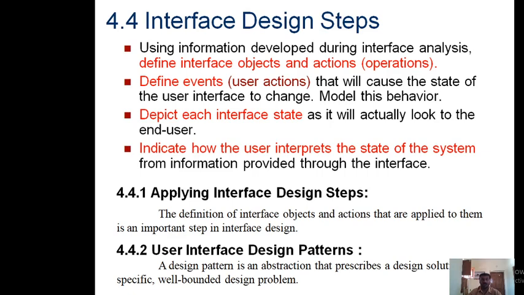You identify and mention what interface states are there for the end users. Then the fourth step is to indicate how the user interprets the state of the system. So how the user interacts with that interface, you must identify that. These four steps are the most important steps when you are developing the interface.